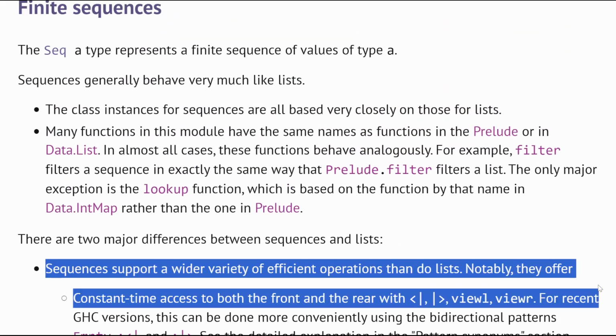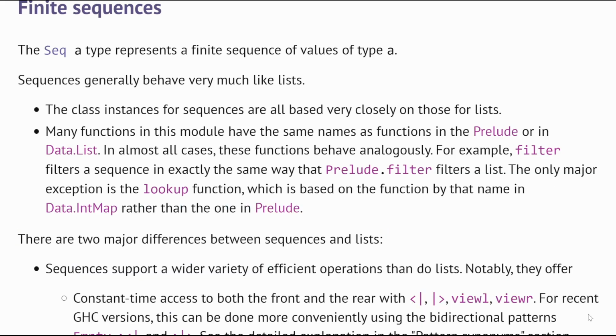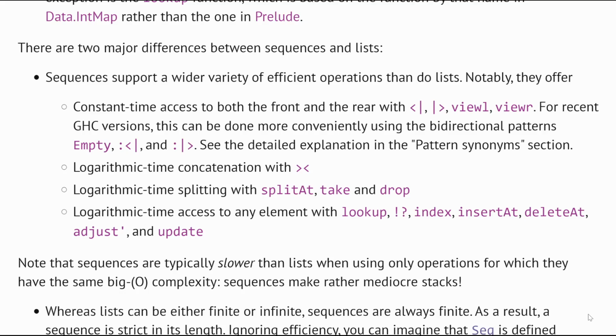I think the constant factors for sequences are not all that great, but it's well worth using for a list of 10,000 items that we're going to be manipulating in the middle regularly.